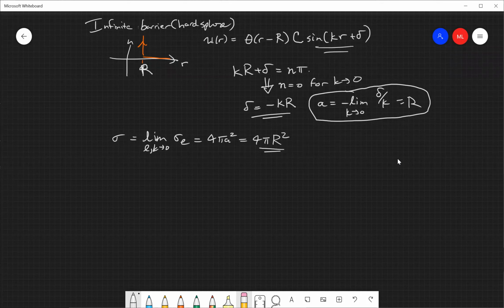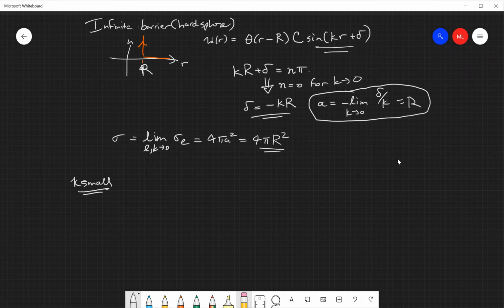So we can think about that, to 0th order in k. So again, we're in the small k limit.